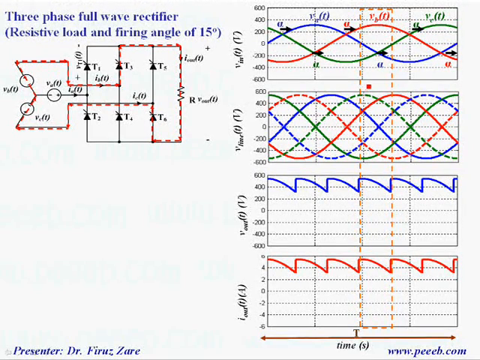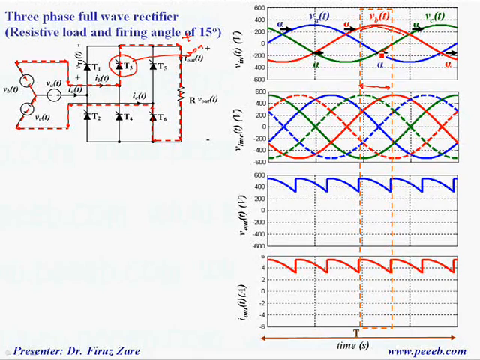Over this interval, again we apply a gate signal to this thyristor, and we turn it on. Beyond this time we have phase B connected to the positive terminal and still phase C conducts.